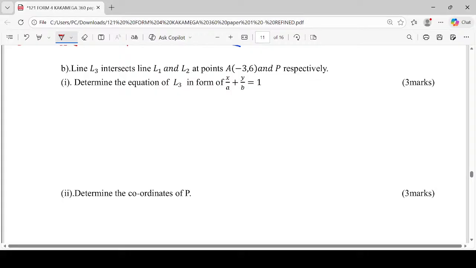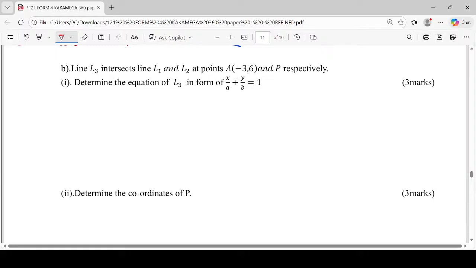Line L3 intersects line L1 and L2 at points A, negative 3, 6, and P respectively.